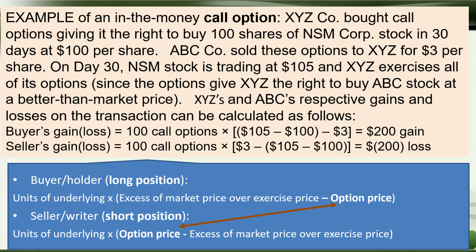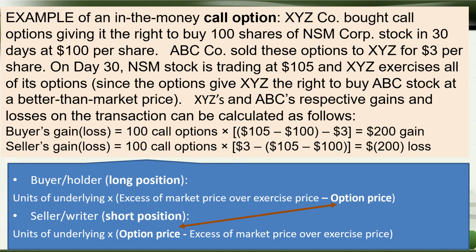So XYZ and ABC's respective gains and losses on the transactions can be calculated as follows. The buyer's gain will be for 100 call options, the market price, which is 105, minus the strike price, which is $100. So it becomes $5 per share, minus the $3 premium he paid per share.